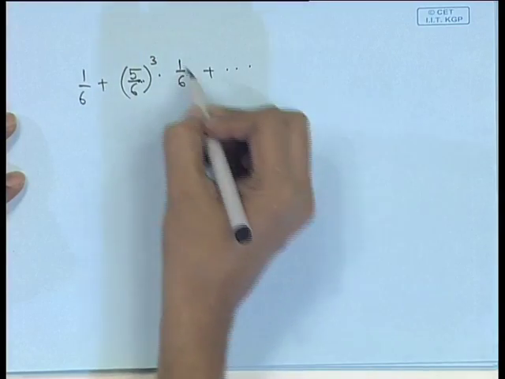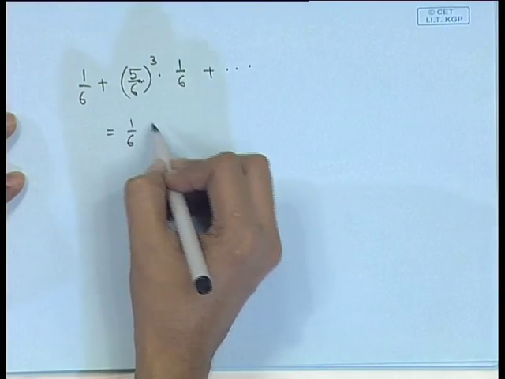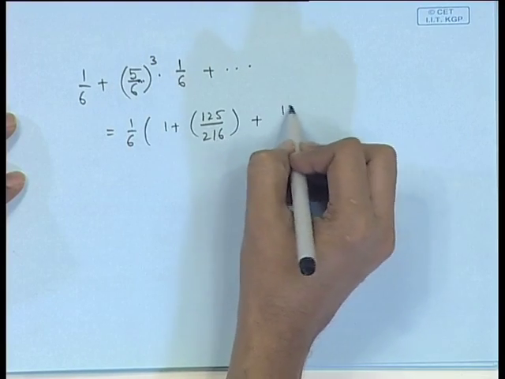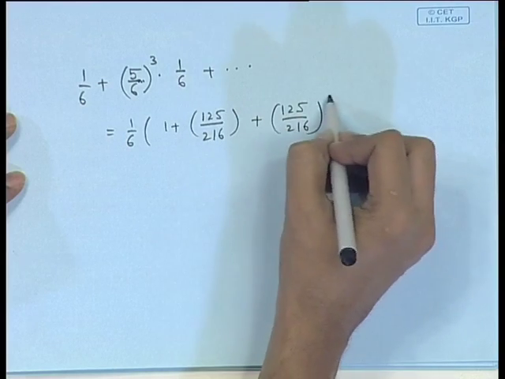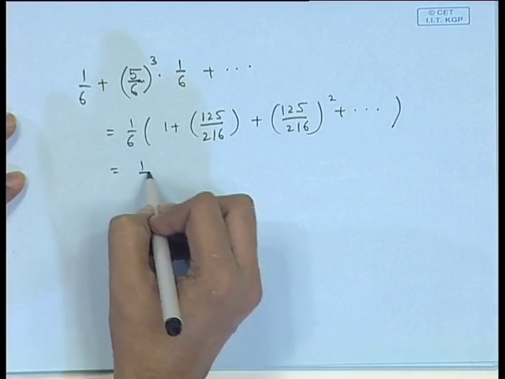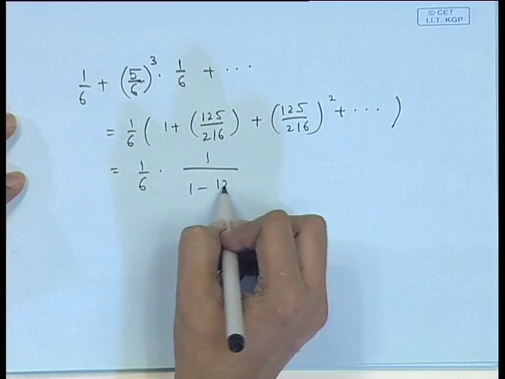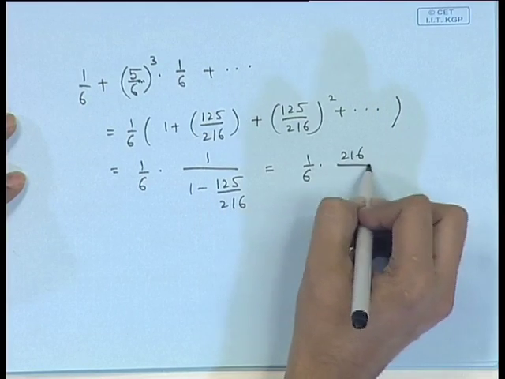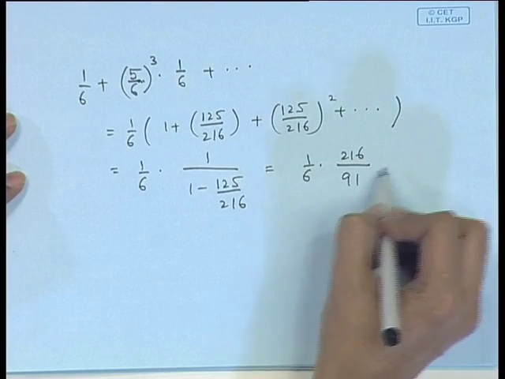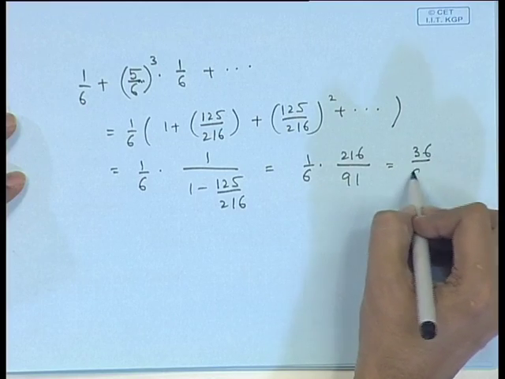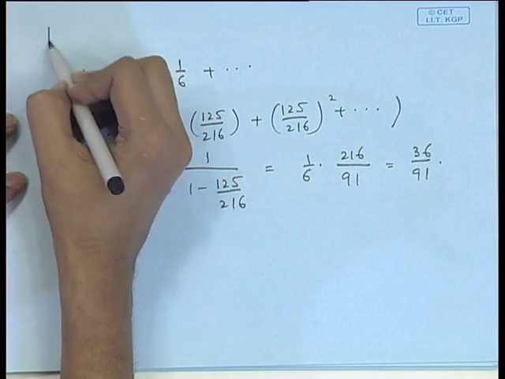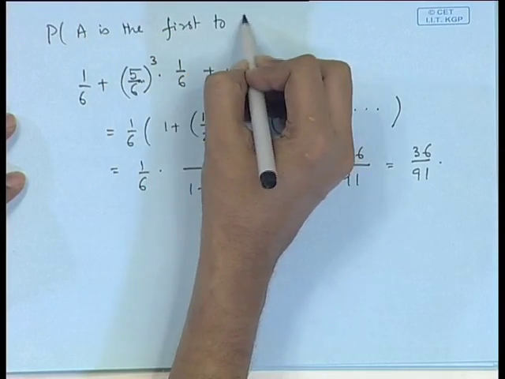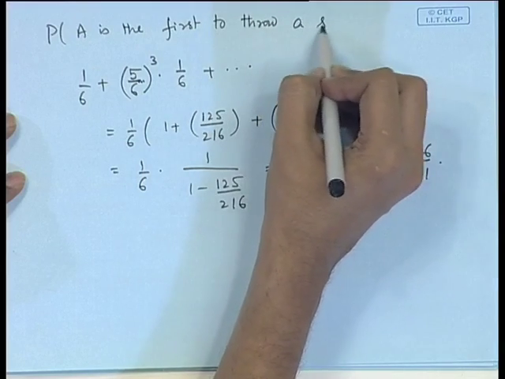So, this probability is simply an infinite geometric series that is equal to 1 by 6 times 1 by (1 minus 125 by 216), that is equal to 1 by 6 times 216 by 91, that is equal to 36 by 91. That is the probability that A is the first to throw a 6.